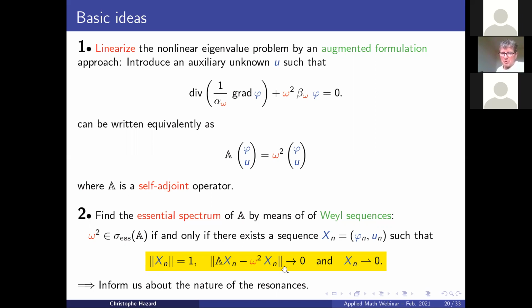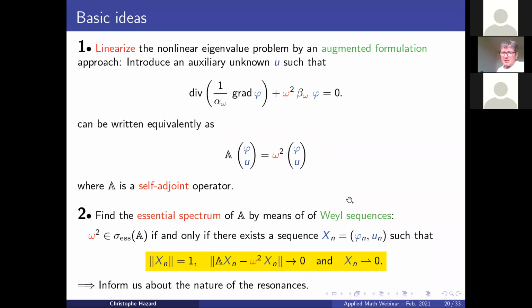The second property says that this sequence satisfies the usual relation of an eigenvector, but asymptotically when n tends to infinity. These two conditions give a characterization of any point of the spectrum. And the last one is specific to the essential spectrum. It says that xn must tend weakly to 0.